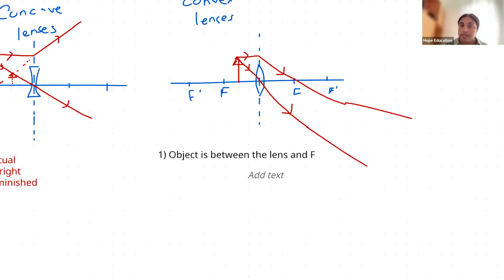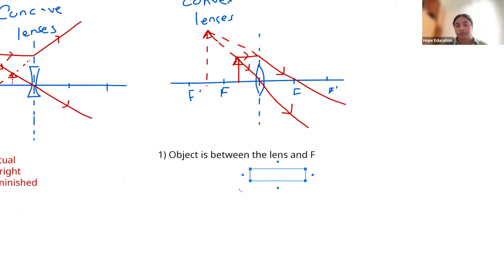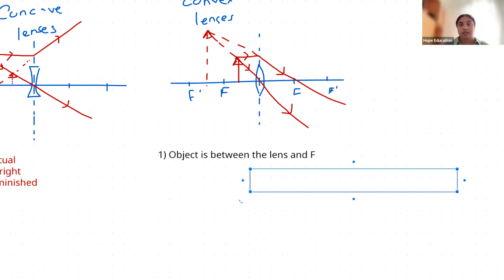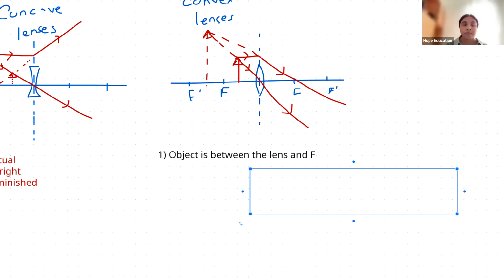Then you extend the rays backwards, and you can see that they meet here. So the image is found on the same side as the object. Is it real or virtual? Virtual image. And you can see it is upright and larger than the object, so it is magnified.